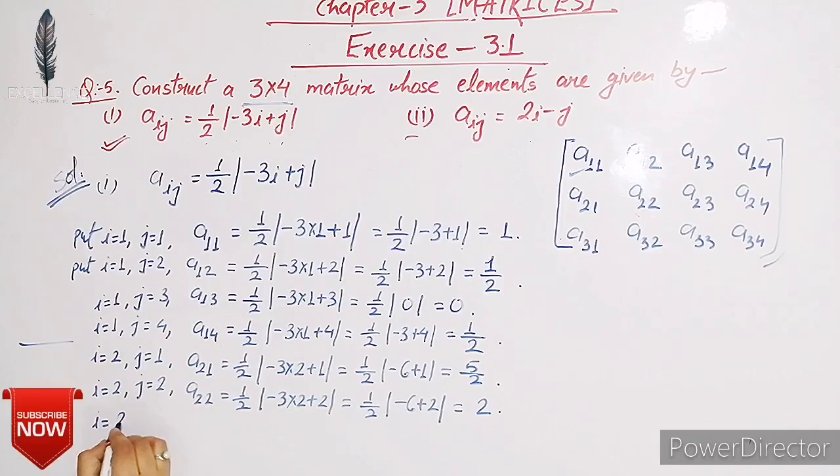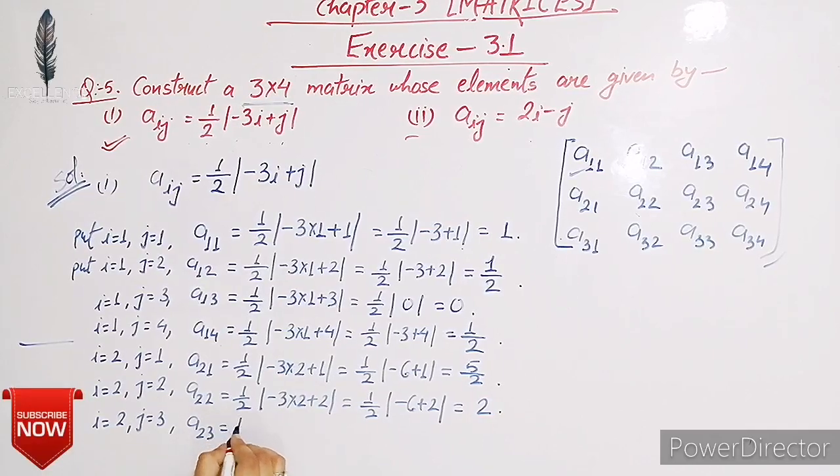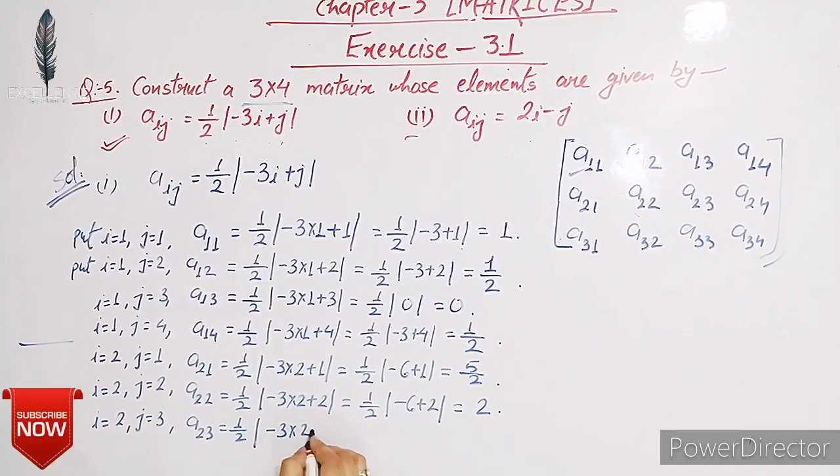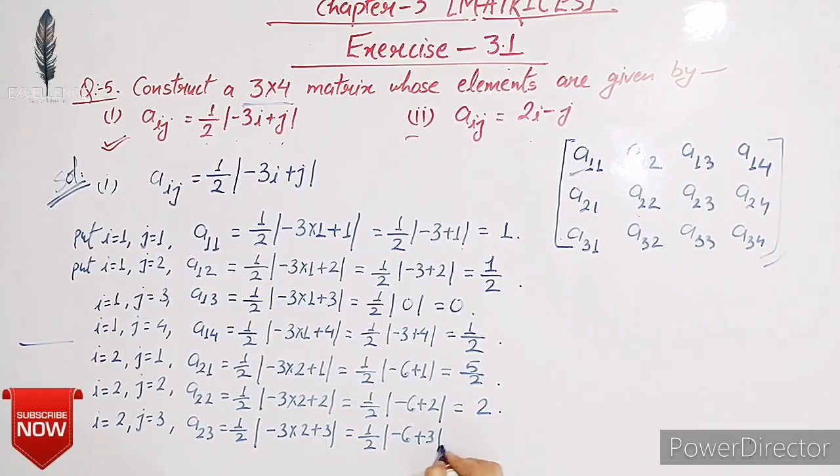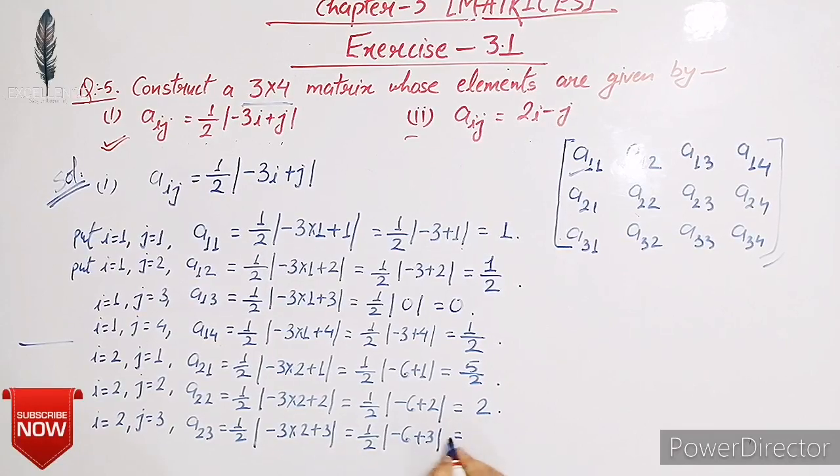For next element, put i equals 2 and j equals 3. That is A23 is equals to 1 upon 2 in mod minus 3 into 2 plus 3 is equals to 1 upon 2 minus 6 plus 3, that is equals to minus 6 plus 3 in mod, that is equals to 3 upon 2.